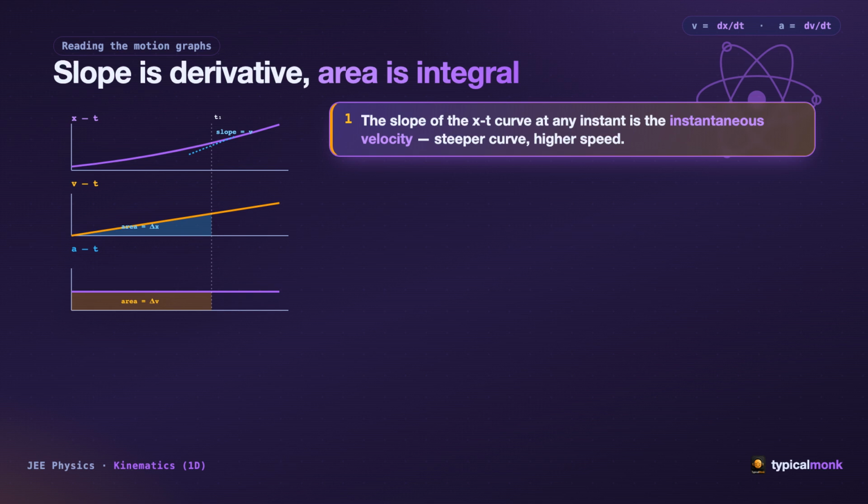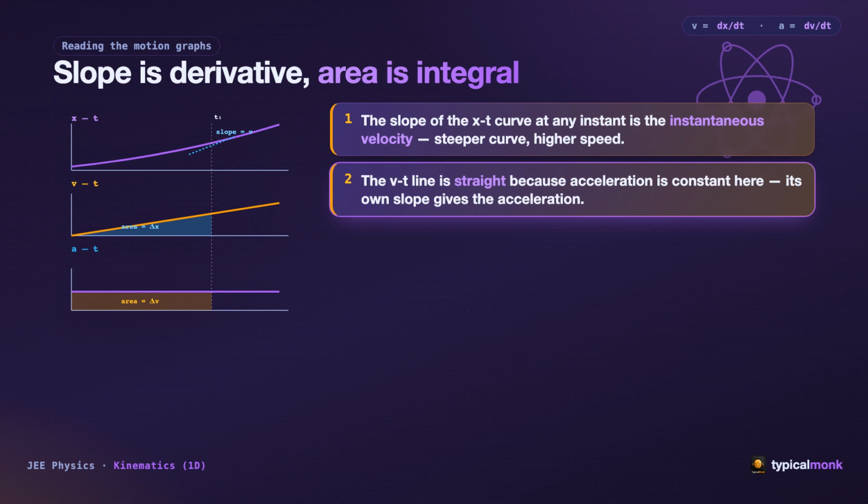Look at these three graphs stacked together, because JEE loves to test exactly this picture. On top, the position time graph. Wherever this curve is steep, the particle is moving fast. The slope at any instant is the velocity. In the middle, the velocity time graph. Because our acceleration here is constant, this line is straight, and its own slope gives the acceleration.